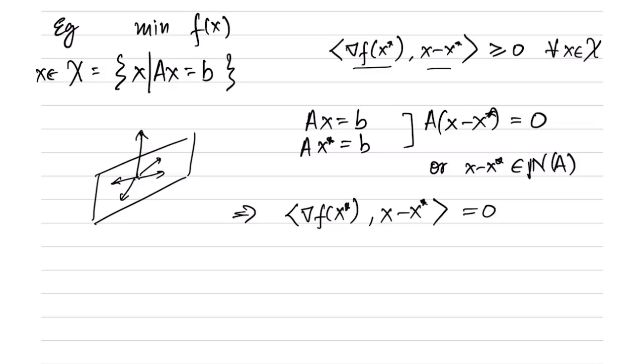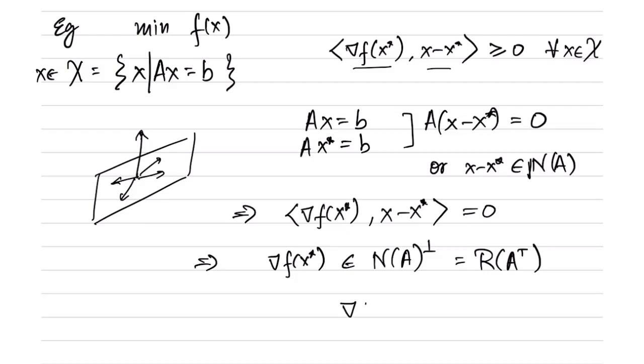So in other words, we mean to say that gradient f of x star is orthogonal to the null space of A, because x minus x star is in the null space of A. So this belongs to the orthogonal complement of the null space of A, which is nothing but the range space of A transpose. So this is our optimality condition. The optimality condition in this case is that gradient f of x star belongs to the range space of A transpose.